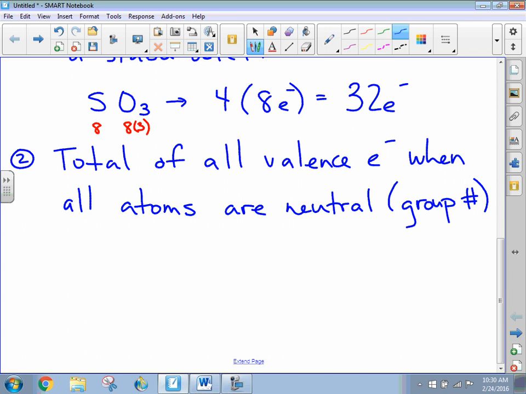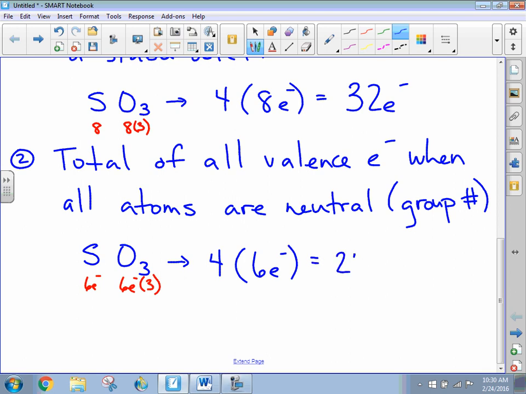Sulfur and oxygen each have 6 valence electrons, and there are 4 atoms, so 4 times 6 valence electrons gives us a total of 24 valence electrons.